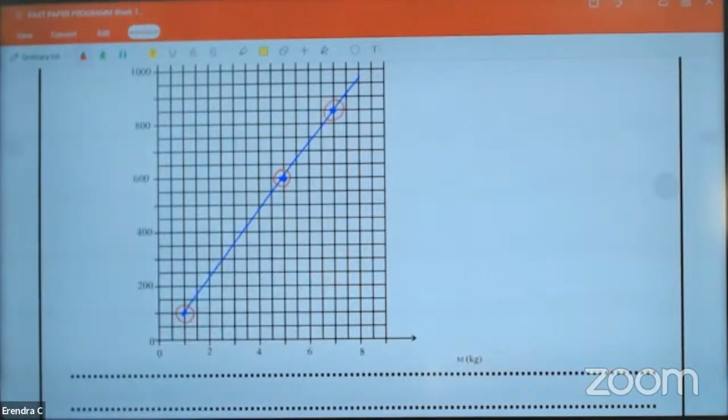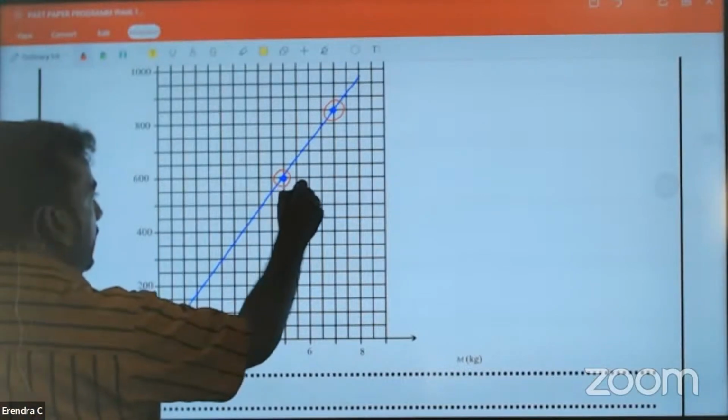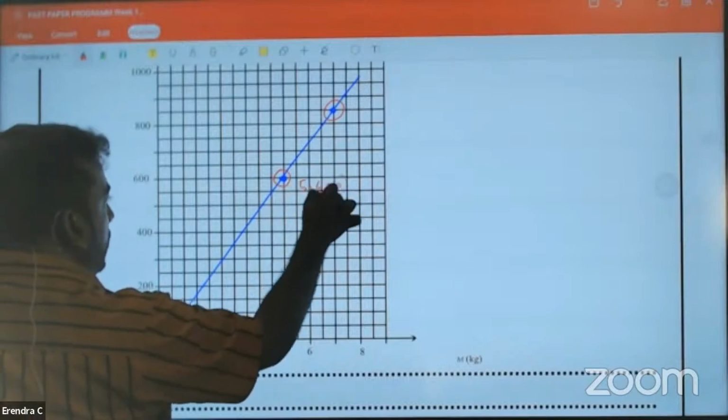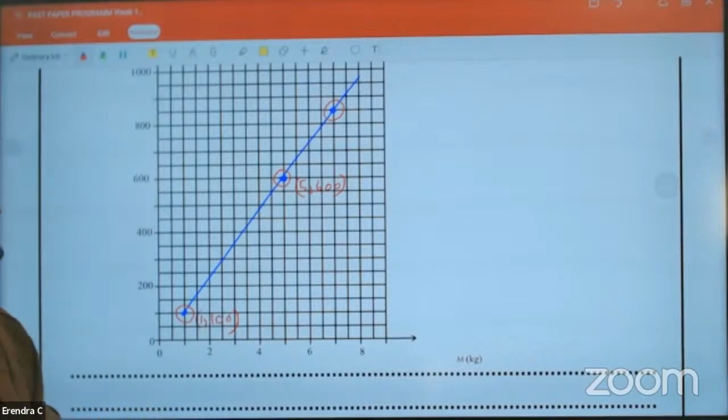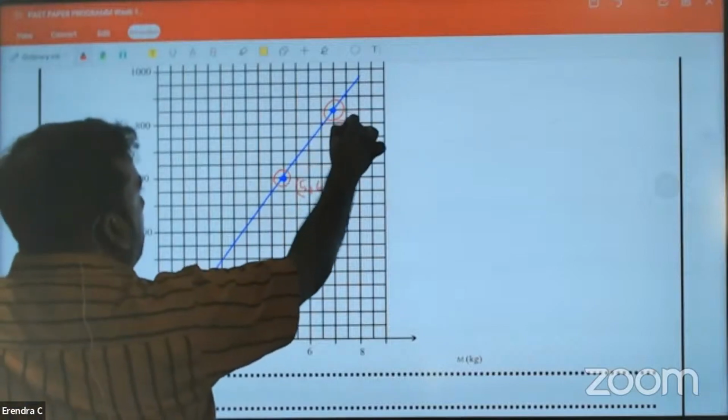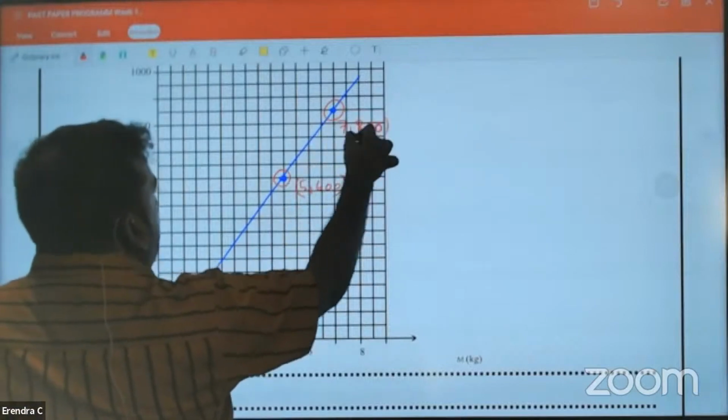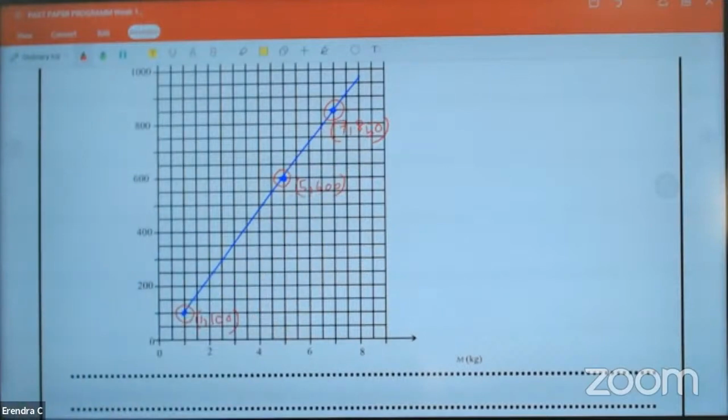Any one you can take. 1 and 100, 5 and 600 are also good. 7, 850 on the X-axis is also good. One of the three.